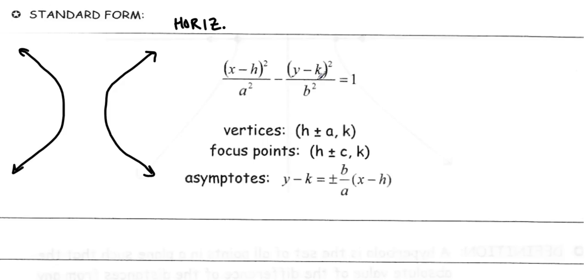Looks real similar to ellipses, right? Notice the key difference is the subtraction in between. So now we're subtracting our two fractions instead of adding. We've got our x minus h squared, our y minus k squared over our a squared and b squared, and then our 1 by itself on the right side of the equation.